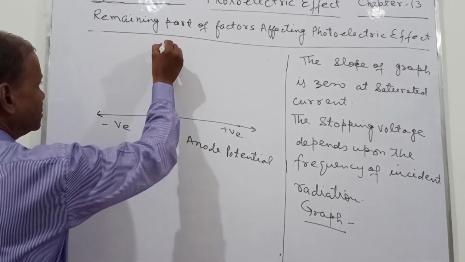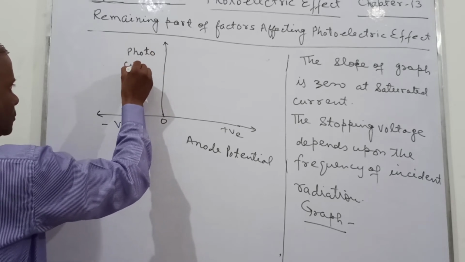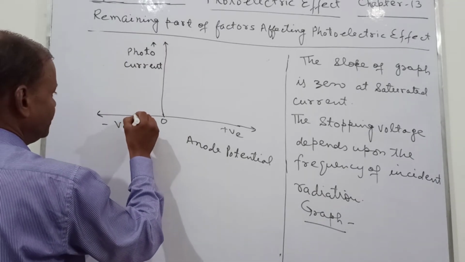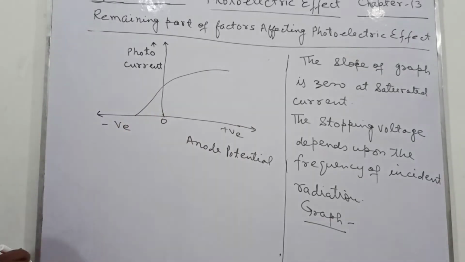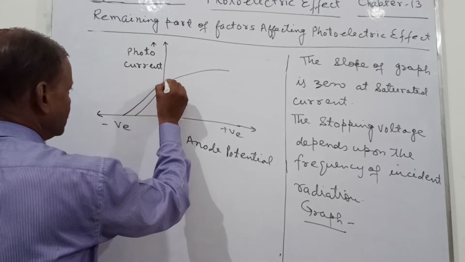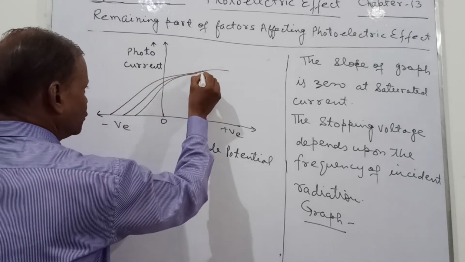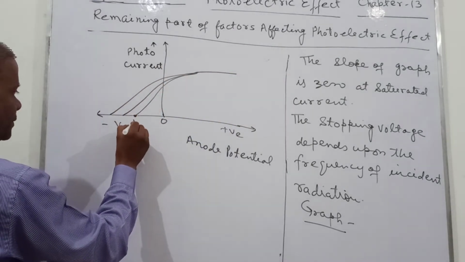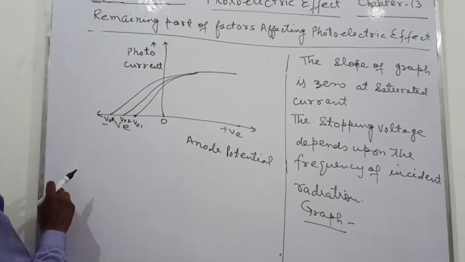This axis is the photocurrent. These are V01, V02, V03.